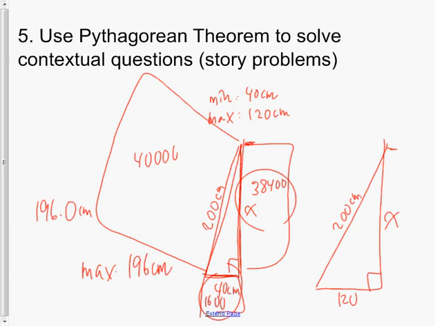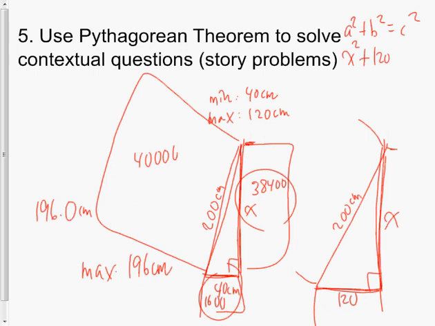The other one's going to be the minimum distance, right? Because it's going to be shorter up since it's farther out from the wall. But the same type of thing is going to happen here. So if I use my theorem, a squared plus b squared equals c squared, this is my a. I don't know it, so it's x squared. This is my b, which is 120 squared. And this is my c, which is 200 squared. So x squared plus 144 plus 2 zeros equals 4 plus 4 zeros.